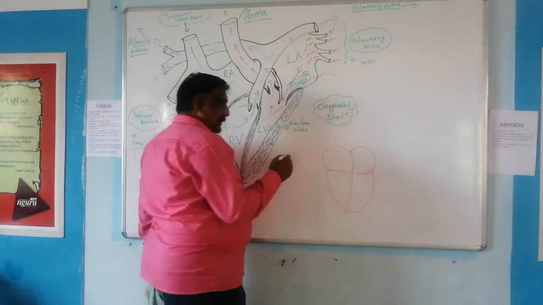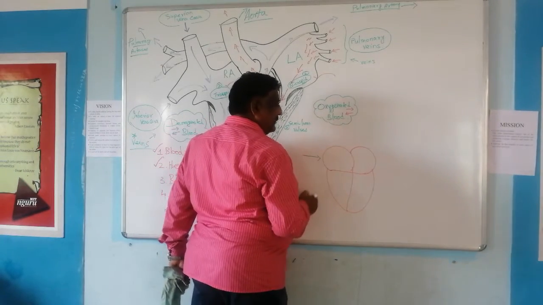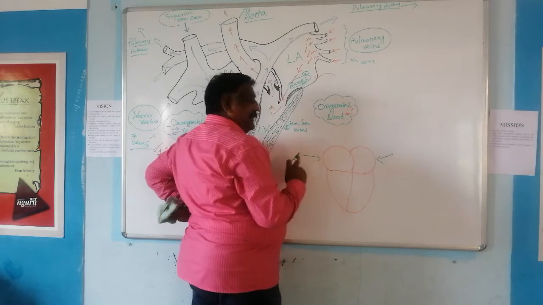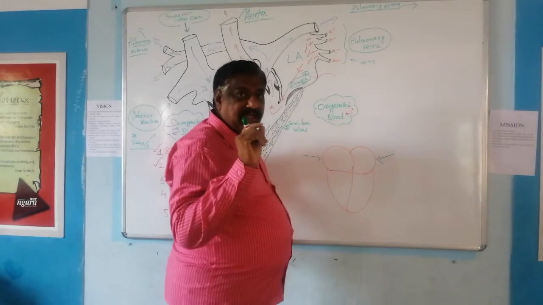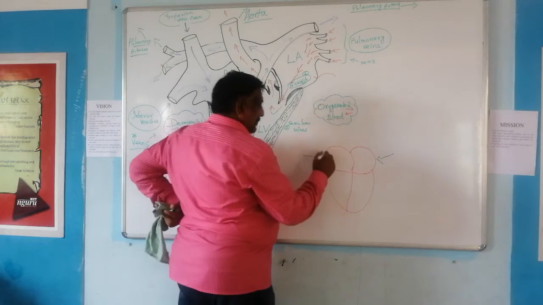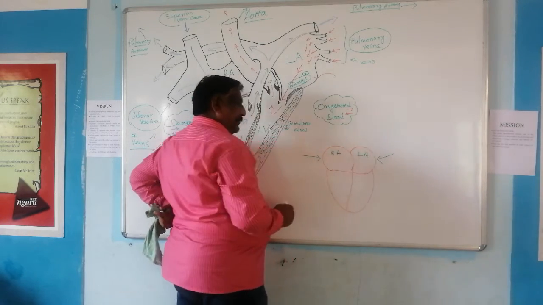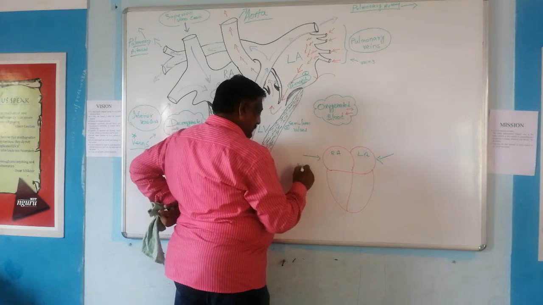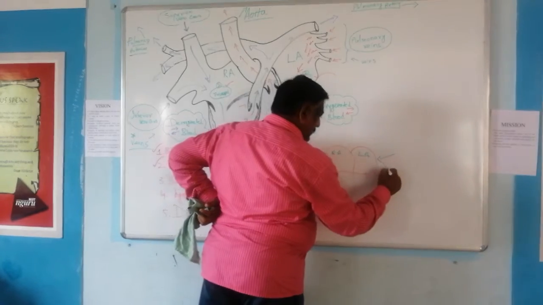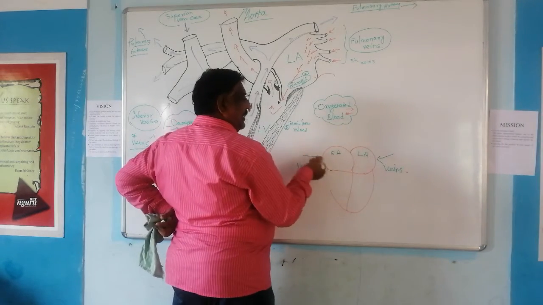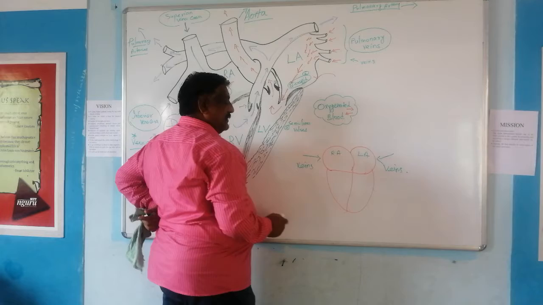Any blood vessel which enters the heart, only at these two places are blood vessels entering the heart. That is the right auricle and left auricle. These are veins. Anything which enters the heart, the arrow is towards the heart.